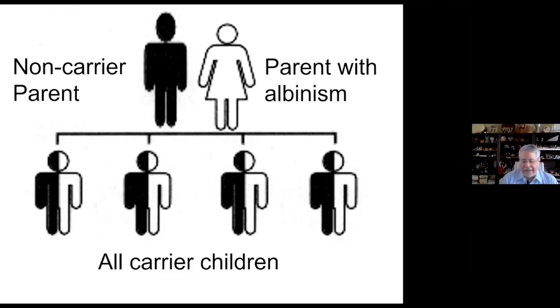And to make things even more interesting, if both parents have albinism, but they're different genes, different types of albinism, they're going to be inherited independently. And so you could have a scenario where both parents have albinism. Perhaps one is OCA1, the other is OCA2. None of their children will have albinism, but all of them will be carriers for both types of albinism.